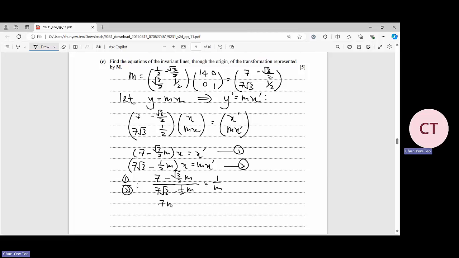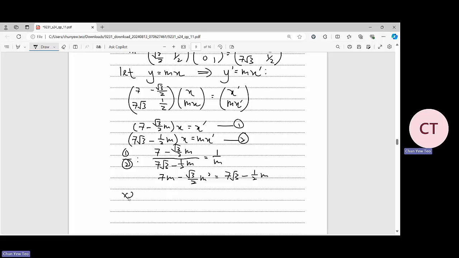So you have 7m minus 3 over 2 m squared equal to 7 root 3 minus half m. Multiply everyone by 2.